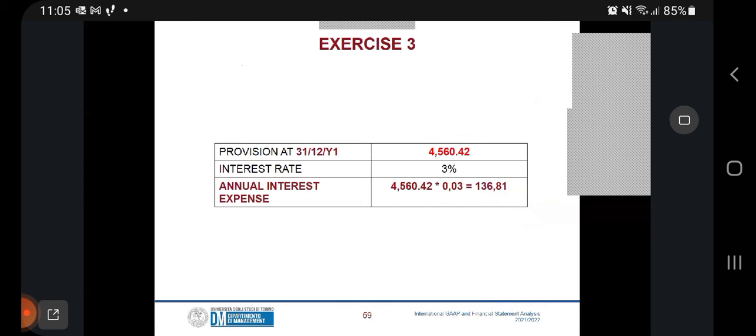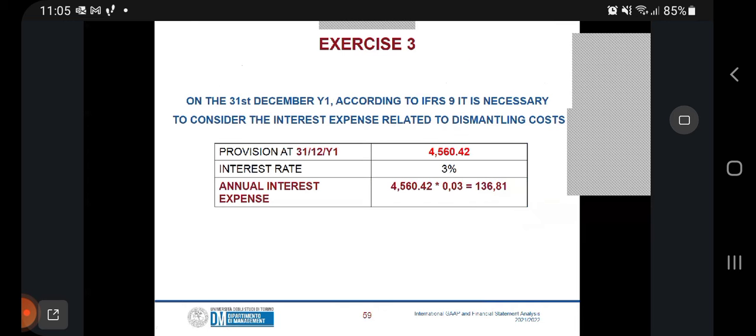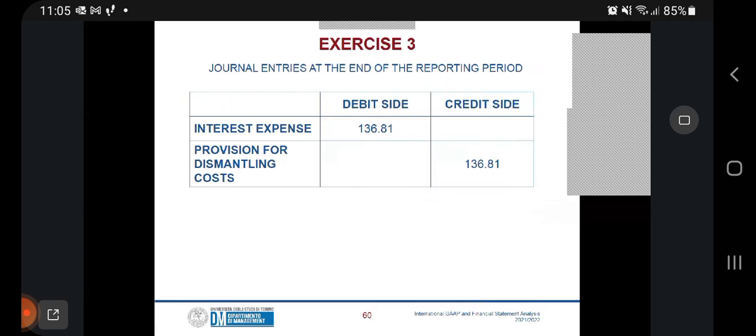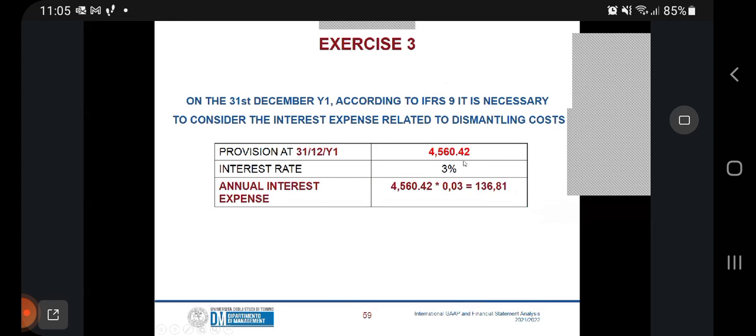Again, every year you have to compute the figurative interest expense according to IFRS 9 in order to bring the value of the dismantling cost towards the last year of the useful life. But first of all, please pay attention.